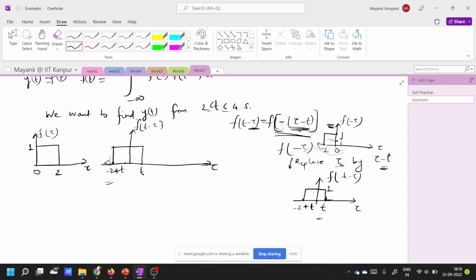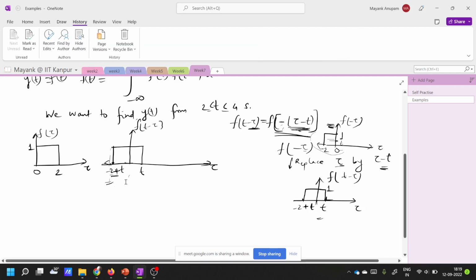So this is the same that I have written here. This is minus 2 plus t. Now they are saying that you have to find out y of t between t is equal to 2 to 4 seconds, right? Now notice that t between 2 to 4, t minus 2, this is what? This is t minus 2, isn't it? So let me write it clearly here again.